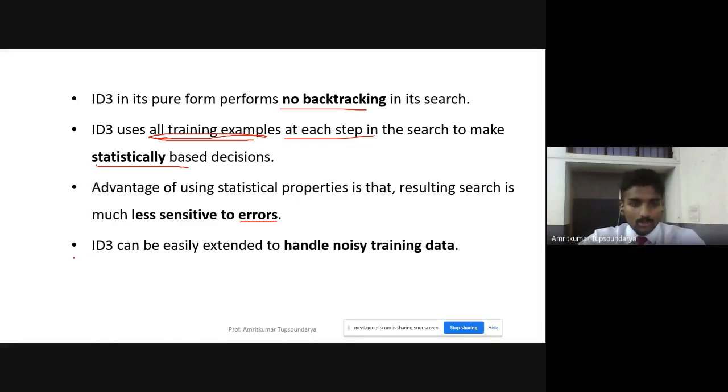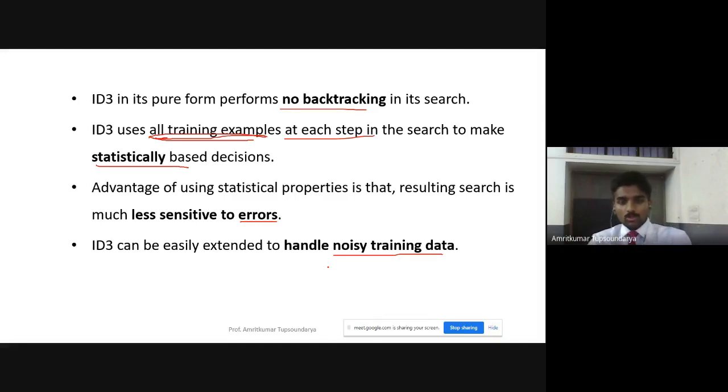Another advantage of the ID3 algorithm is that it can easily be extended to handle noisy training data, right? So let's say we don't have errors in the data, we don't have missing data, we have the data, but it is noisy data. I hope you all remember the term noisy data that you learned about in data communication. What are noisy signals? What is noisy data? By noisy, it means data that deviates from your actual data.